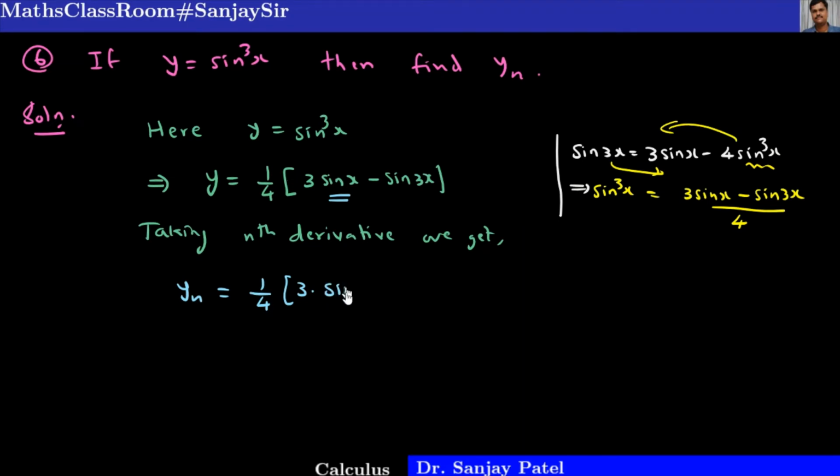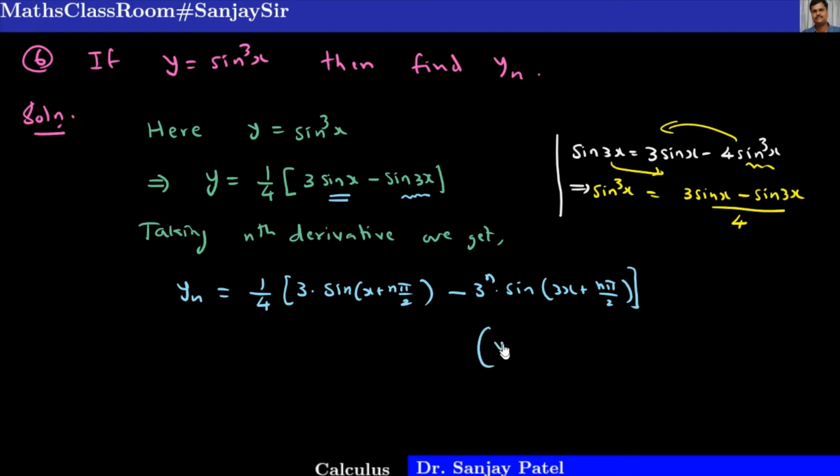So it is sine of x plus n times pi by 2, and minus, here a is equal to 3 in this second term. So we get 3 raised to n into sine of 3x plus n pi by 2.